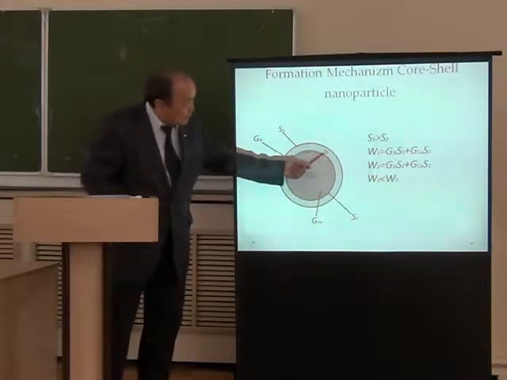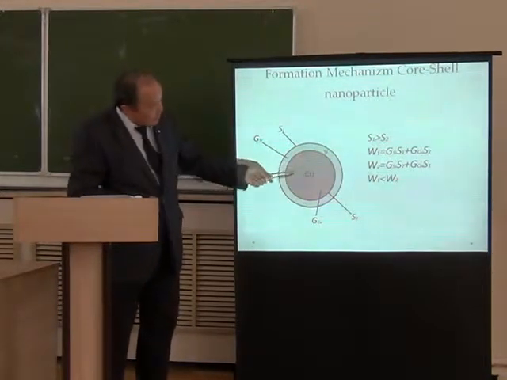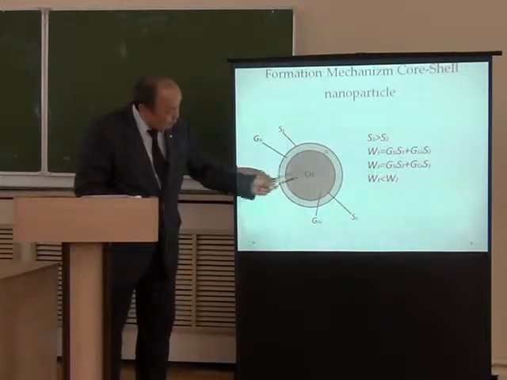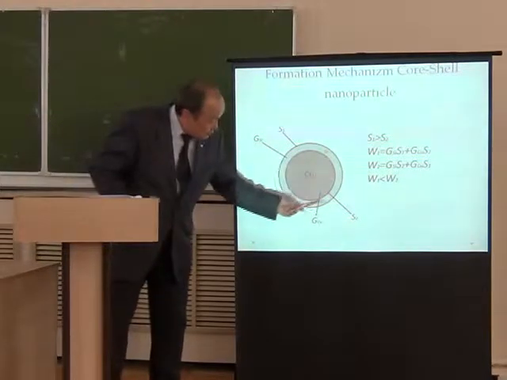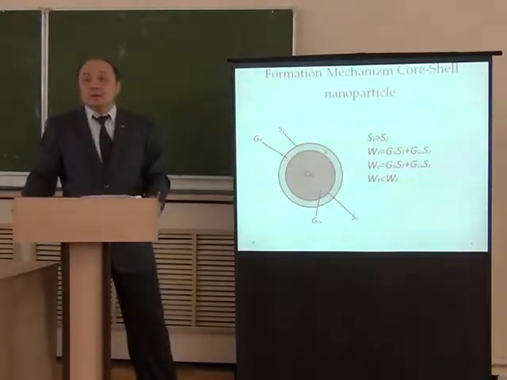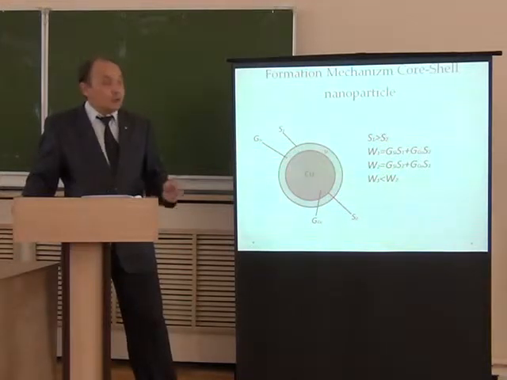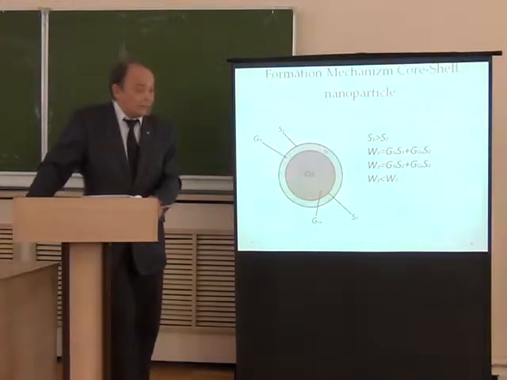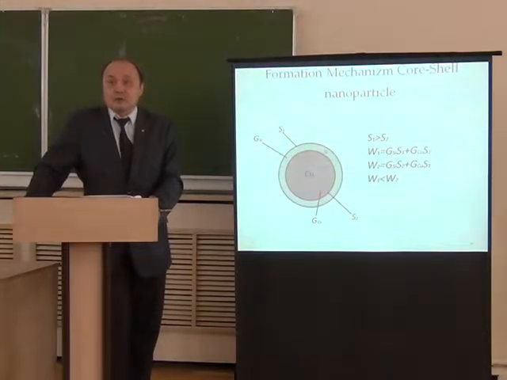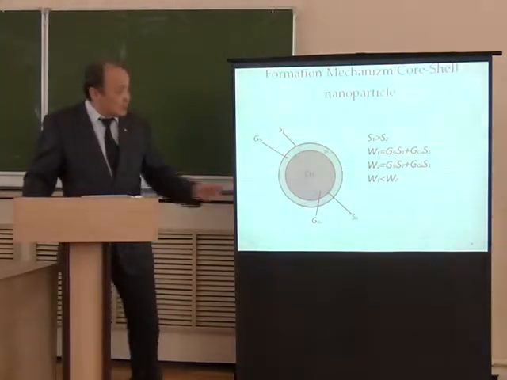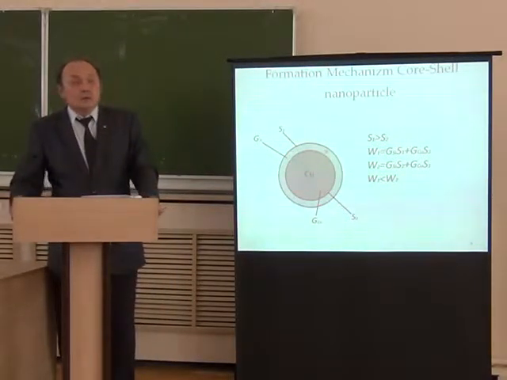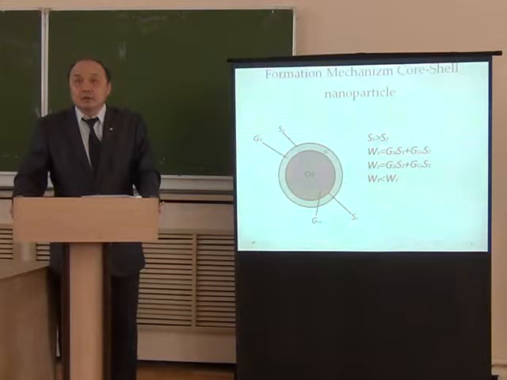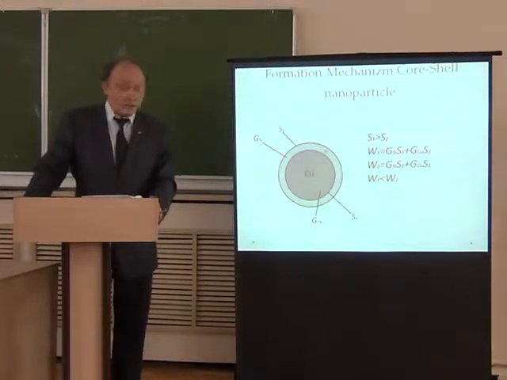Surface tension of silicon is lower than surface tension of cuprum. You understand? And so silicon is shell, because in accordance with the first principle of thermodynamics, this system has low energy. Do you understand? There's low energy.